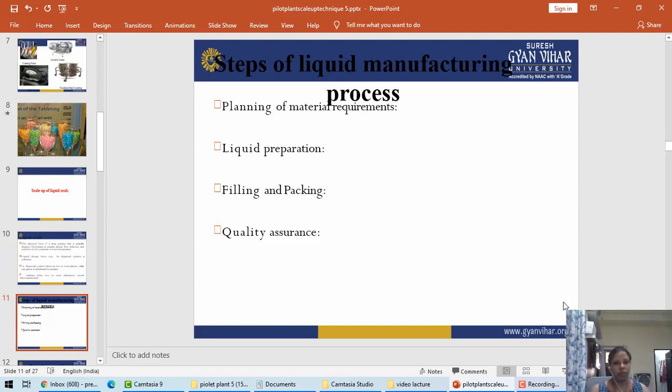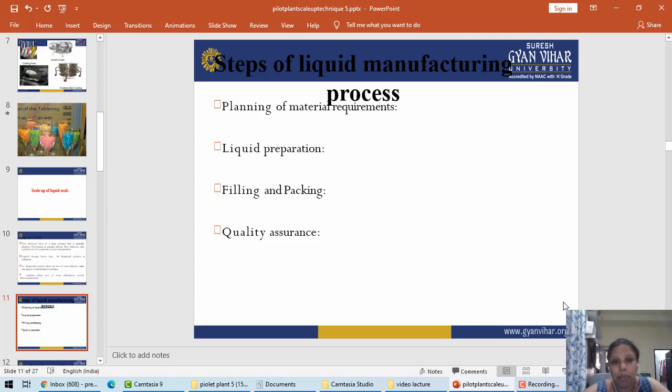Now steps of the liquid manufacturing process. You must understand that for designing any scale up, you should be aware of the steps related to that particular formulation. Similarly, the steps related to the liquid dosage form are given here.